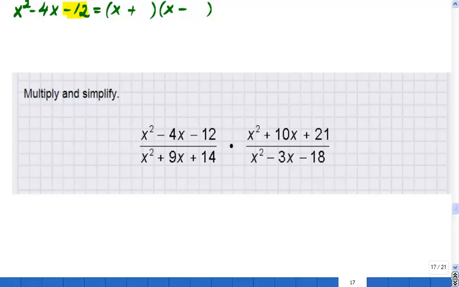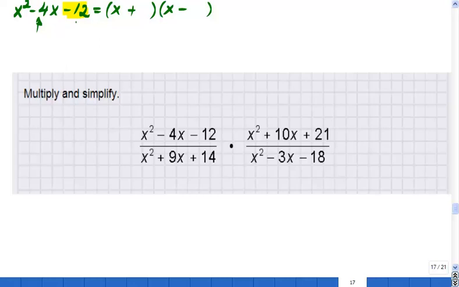Now, the middle one is negative. So whatever my two numbers will be here as factors of negative 12, the positive one is the smallest one in absolute value, because their sum is negative 4. What factors of 12 add up to negative 4? One positive, one negative.